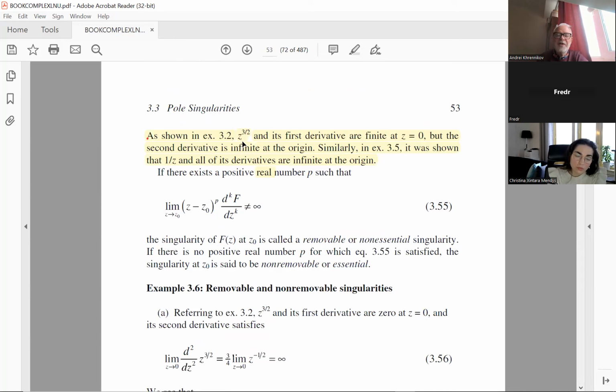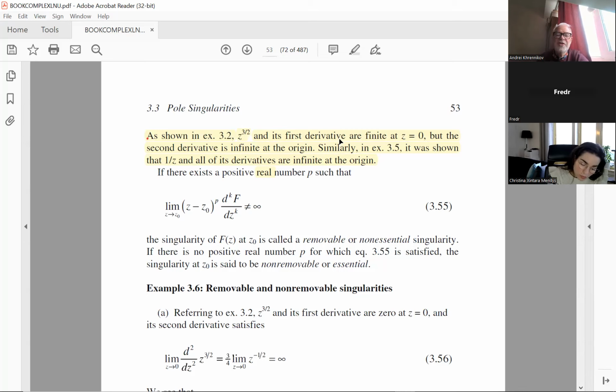The basic example: consider z to the fractional degree 3 divided by 2. Of course, it is well defined at z equals 0, up to multivalued functions, but we shall not consider this now. The first derivative, a square root, is also finite at z0, but for the second derivative, the square root goes to the denominator, and it is infinite.